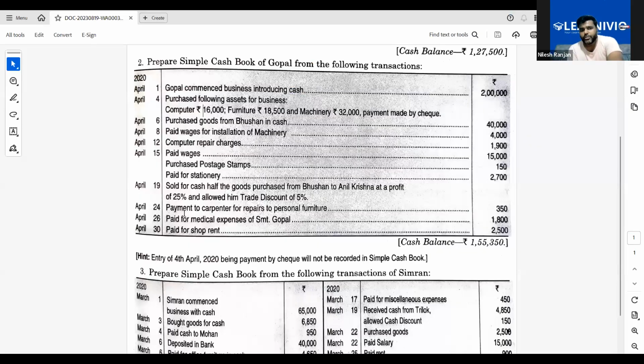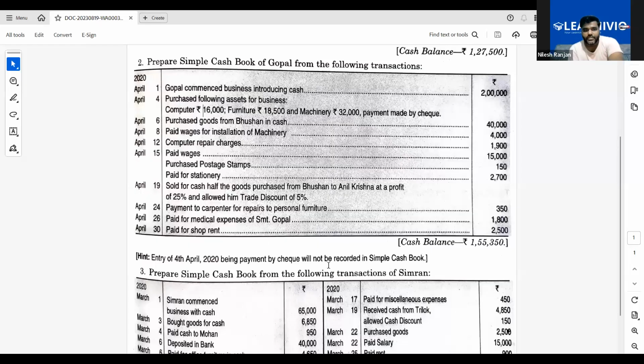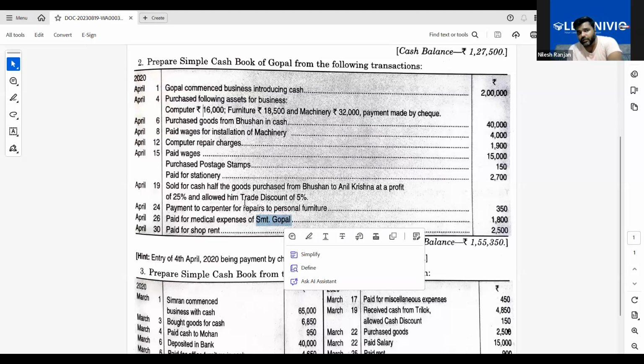April 24th, payment to carpenter for repair to personal furniture. Now it is personal furniture, so it will be treated as drawing. April 24th by drawing, 350. Then paid for medical expenses of Srimati Gopal. Srimati Gopal means the wife of Gopal.